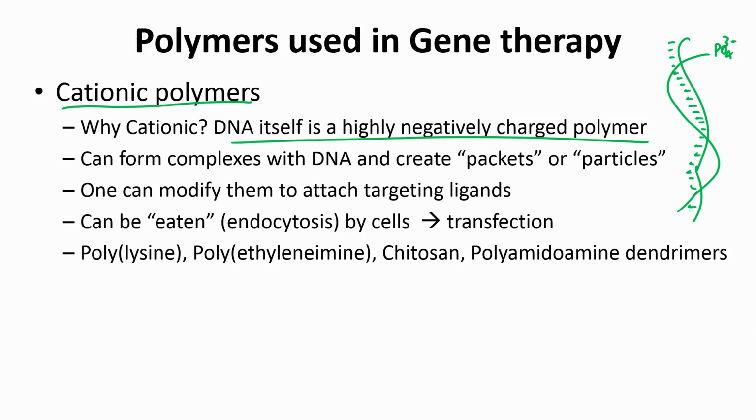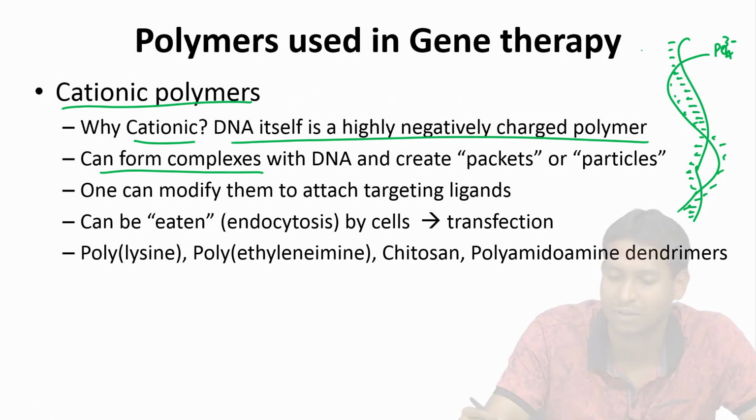So you can imagine a 100 kilo base pair DNA will have quite a lot of negative charge on its structure, and so you can use cationic polymers, and that way these DNA molecules interact quite strongly, ionically, with your cationic polymer. So these then result in the formation of complexes.